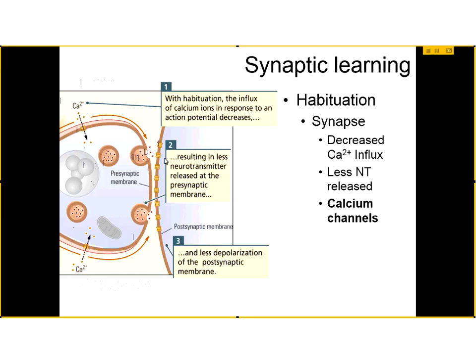That means there's less EPSPs, excitatory postsynaptic potentials, being generated here at this membrane, and if you have fewer EPSPs, that means you're less likely to generate an action potential in this motor neuron, and that decreases the tendency to withdraw that gill response.